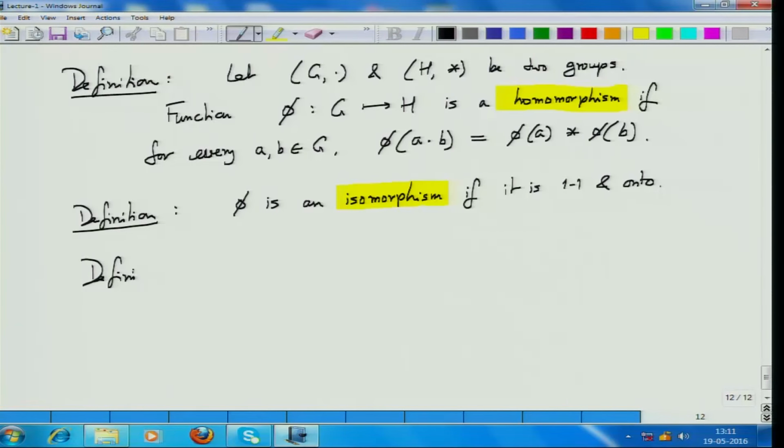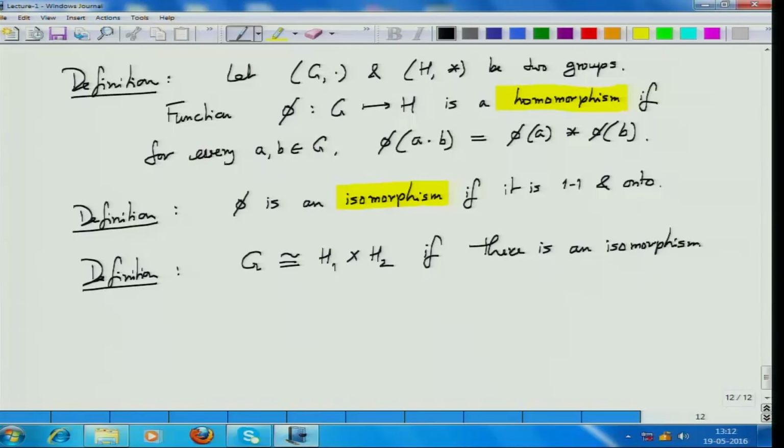I am defining a lot of them. So this is the notation we will use to represent isomorphism between two groups.